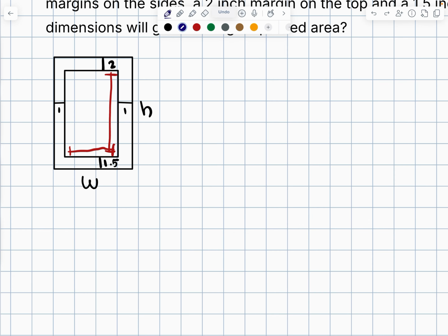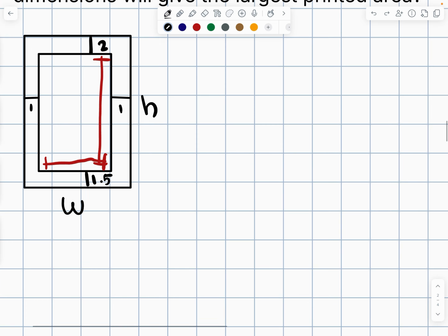But we don't want that. We want the inside margin sizes. So we could do H minus 2 minus 1.5. 2 plus 1.5 is 3.5. So H minus 3.5 is our inside length for this side.